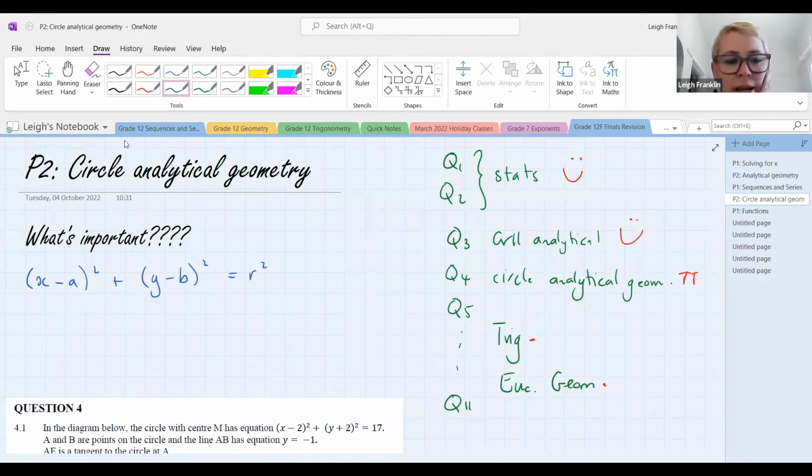What do the letters a and b represent? Does anybody know? They have a specific meaning, and we need to know what that is if we're going to be successful in this section. Go for it, Junior.